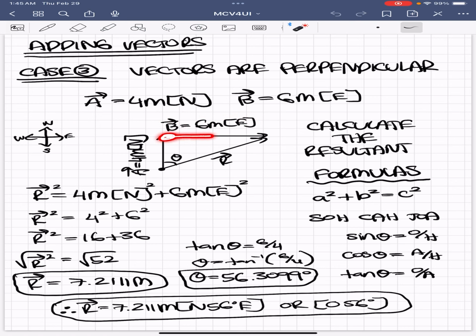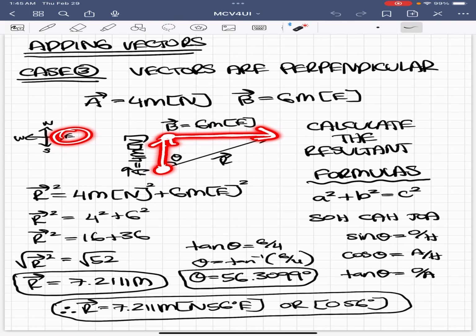And then we have vector B, which is 6 meters east, going in the east direction. So I did 6 squares worth, and it's going in the east direction, so I drew it in this direction. So now we have those 2 arrows, and then we're going to draw the resultant.